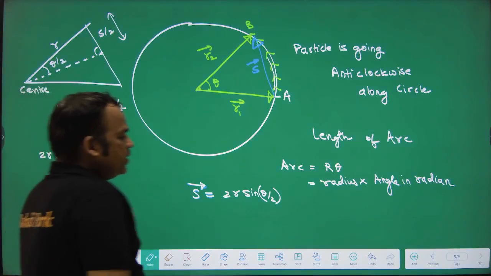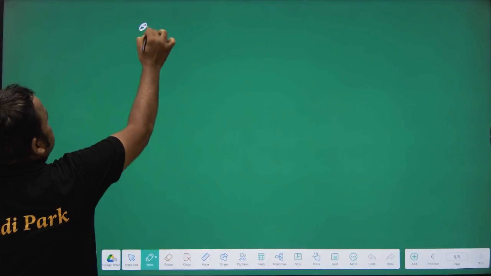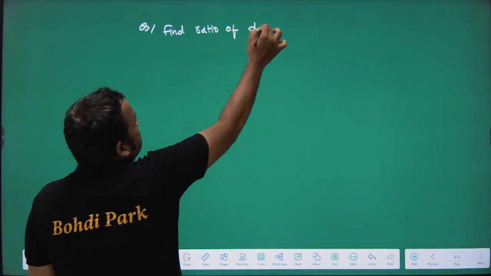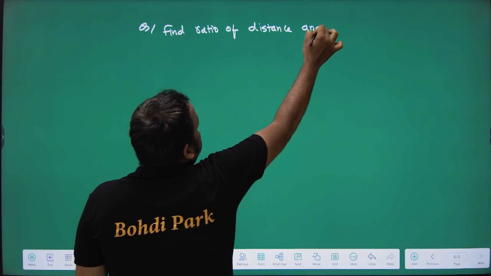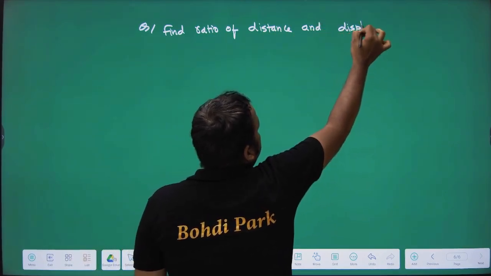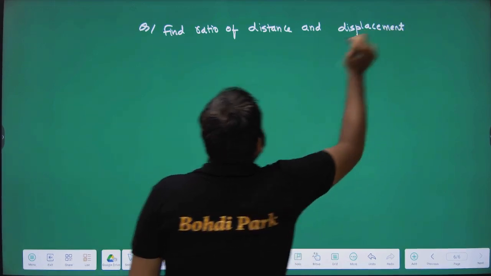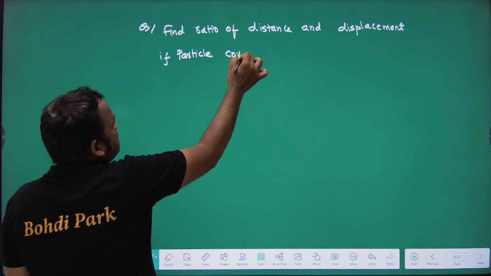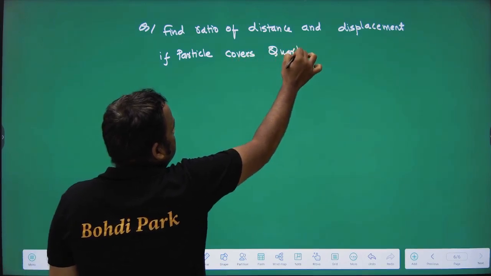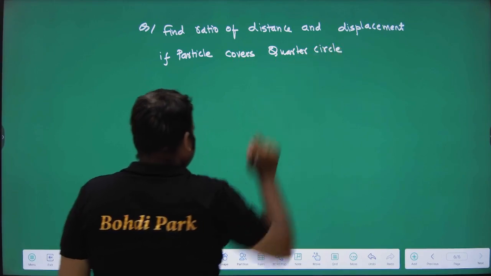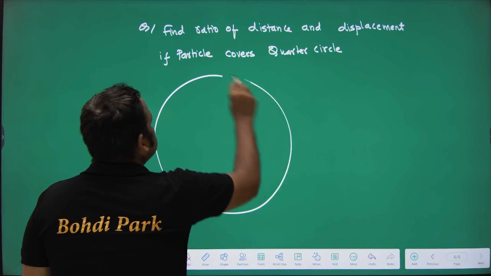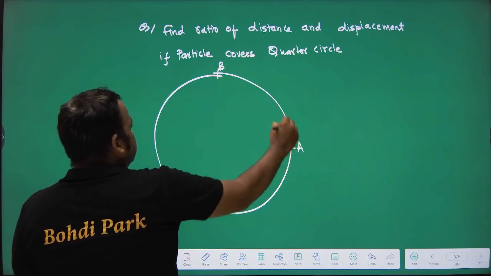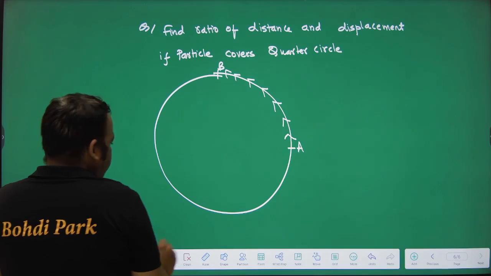Let's take one question. Find the ratio of distance and displacement if the particle covers a quarter circle. If the particle is initially at A, then finally at B, the angle covered will be 90 degree.